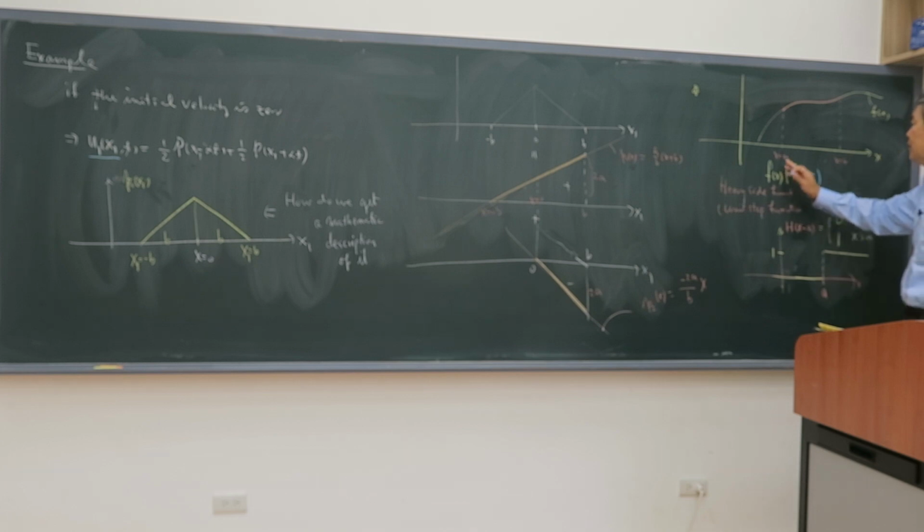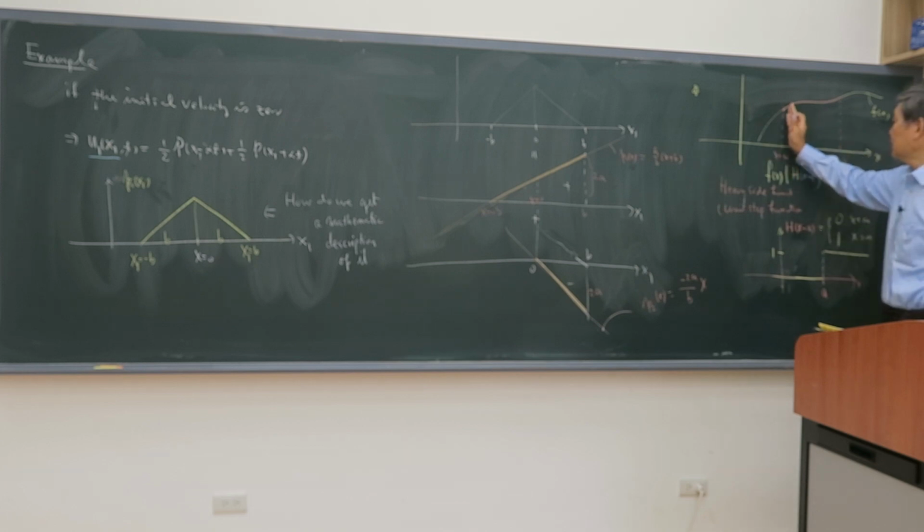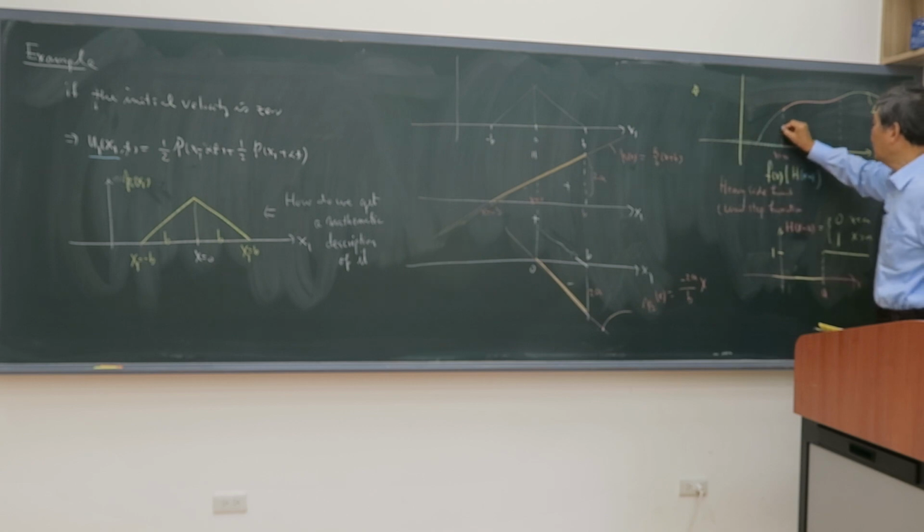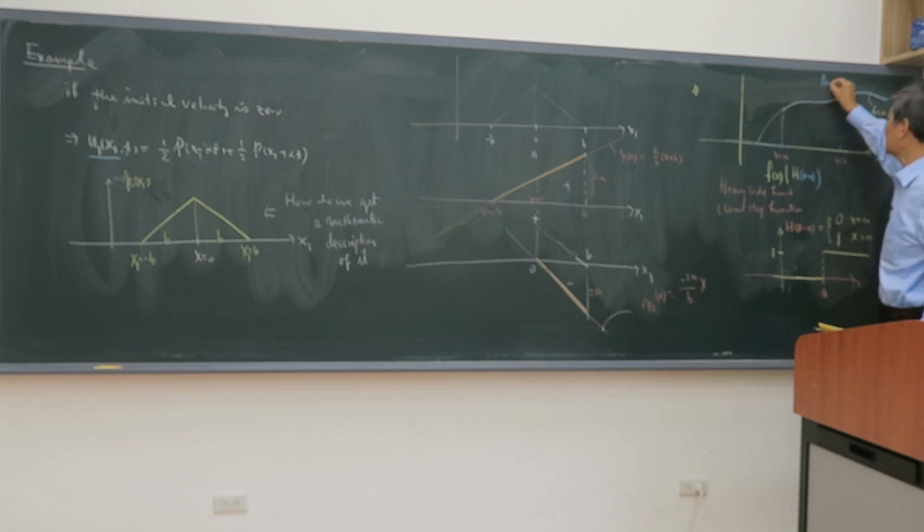So that means this f function for x less than a, I cut it. So this blue one is fx Heaviside x minus a.